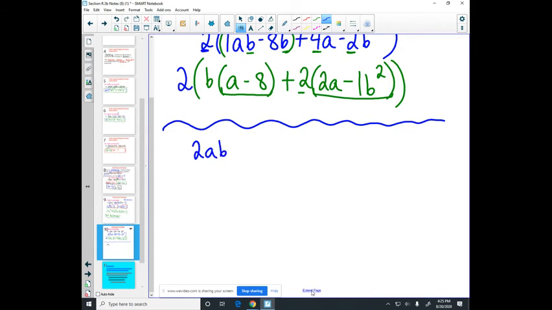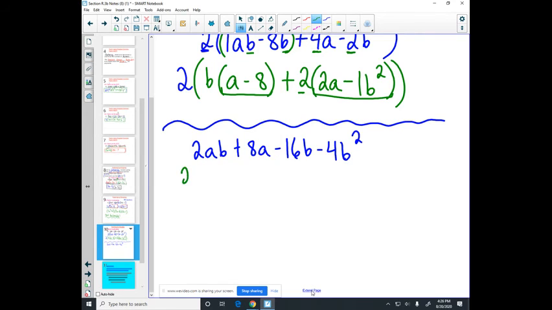So 2ab plus 8a minus 16b minus 4b squared. Okay, so now let's try reordering it. Just a heads up, this is not a problem that would be on your test. This is just a problem to kind of make you think. Use your critical thinking skills to think about how we could do this another way.